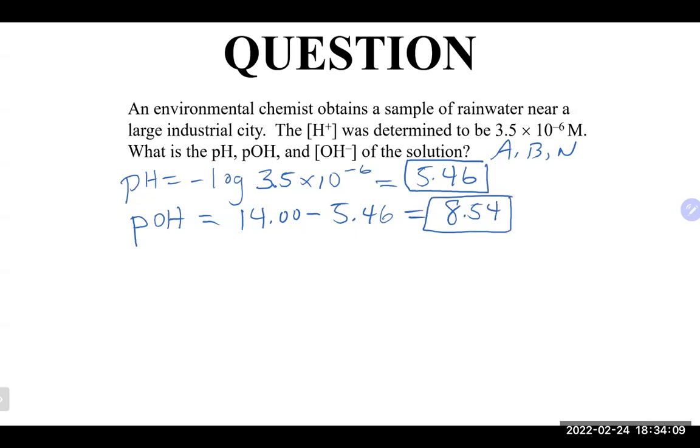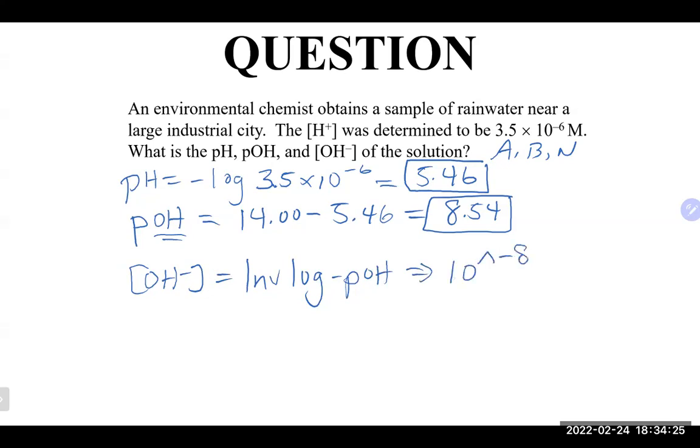At this point, all that's left is the OH minus concentration. So why not? We've got the pOH here. So OH minus concentration will equal the inverse log of the minus pOH. On your calculator, a 10 and a caret will probably pop up.